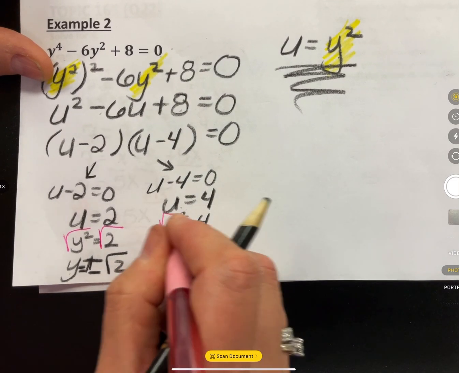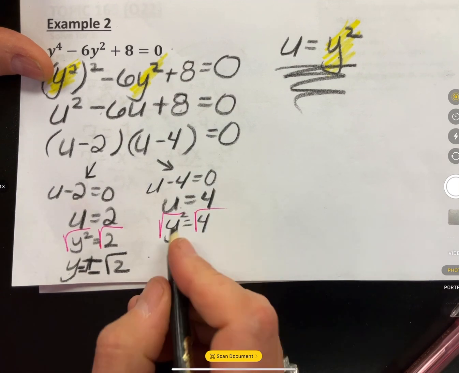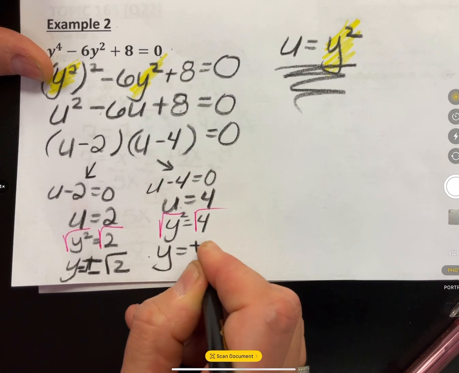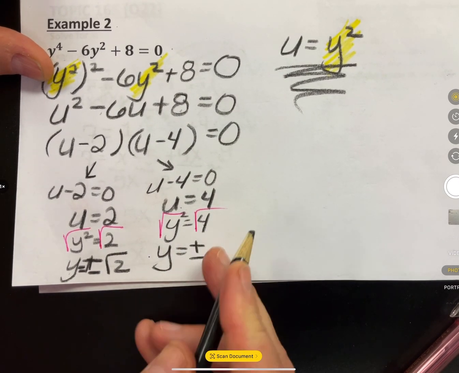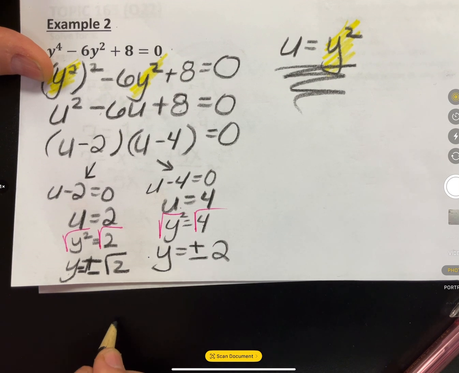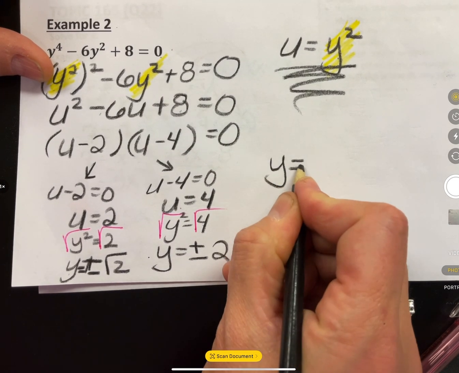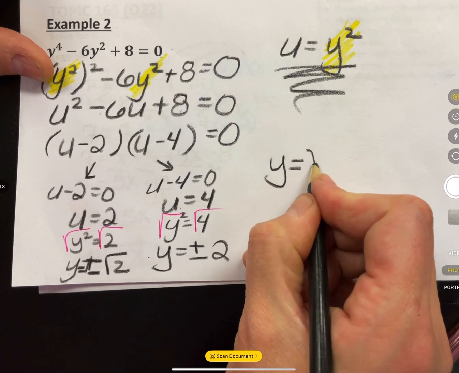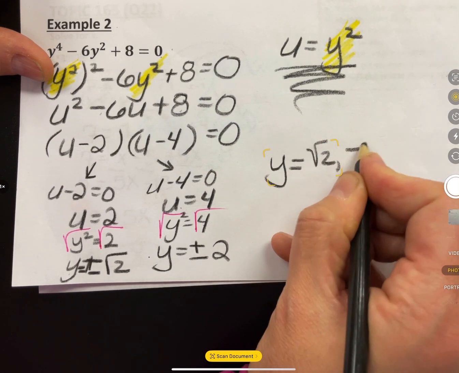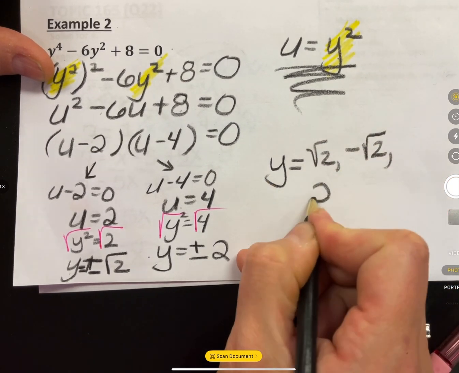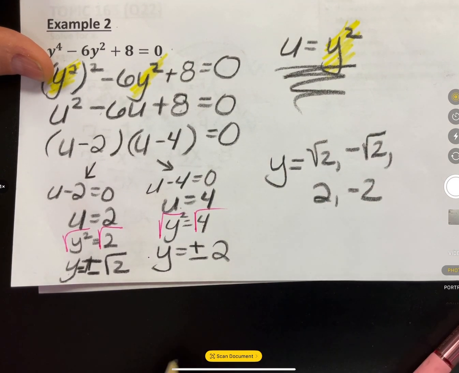When I square root this one, y equals both positive and negative, but the square root of 4 is 2. So because I wrote this a little messy here, I'm going to go ahead and rewrite. My answers are the square root of 2, negative square root of 2, 2, and negative 2. All 4 of those are my answer.